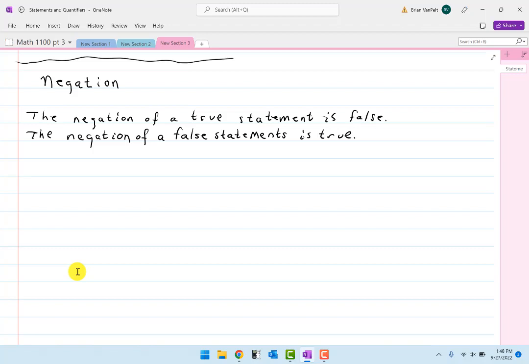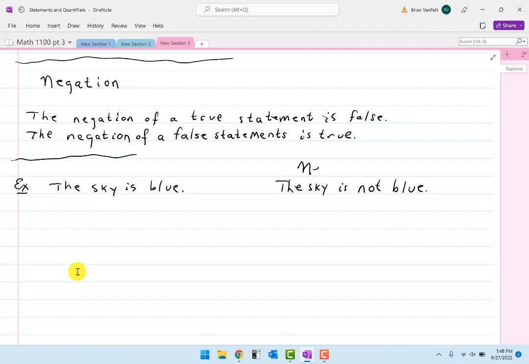So how do we do a negation? Well, let's do an example. The sky is blue. That's clearly going to be a true or false statement. So what is the negation? So the negation is the sky is not blue.